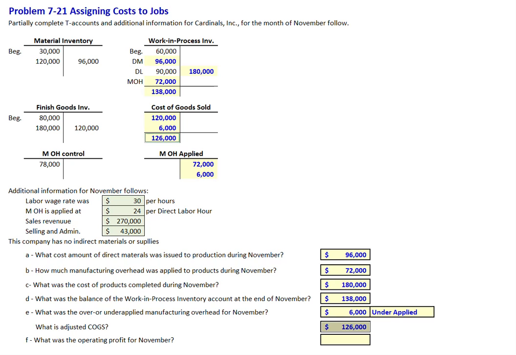And our last question is, what's our operating profit? Our operating profit will simply be our sales minus cost of goods sold minus our selling and admin expense. So $270,000 in sales minus $126,000 in cost of goods sold minus $43,000 in selling and admin costs.